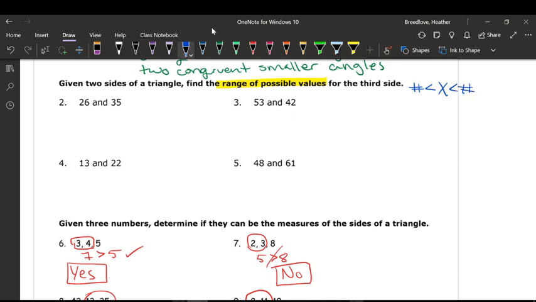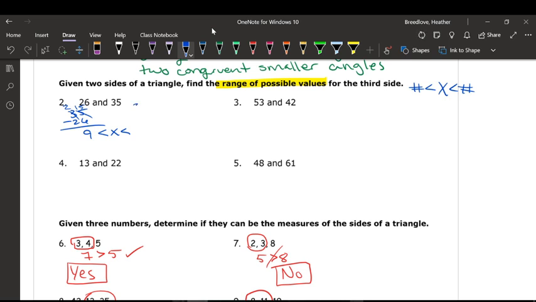To get the small number, I'm going to subtract the minimum value. So I'm going to do 35 minus 26. This becomes a 2, and this becomes a 15. So 9, and then those cancel, so 9. 9 is less than x is less than, and then to get the larger number, I'm going to add the two together.